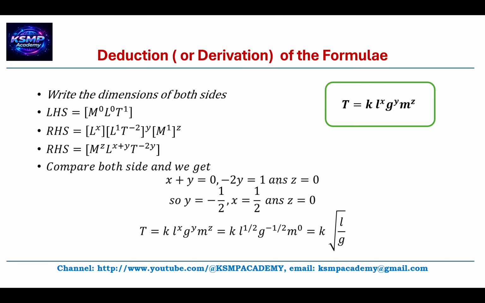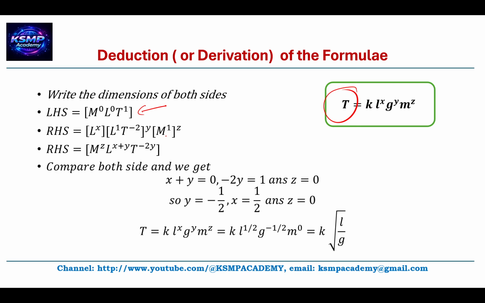First, look at the left hand side, where we have T only. The dimensional formula of the time period means time, it is T to the power 1, or M^0 L^0 T^1. So this is the dimensional formula of time.